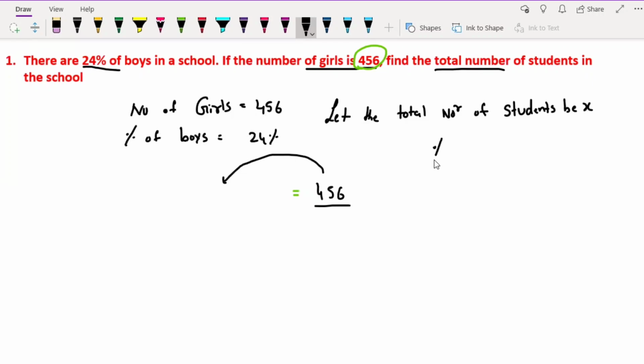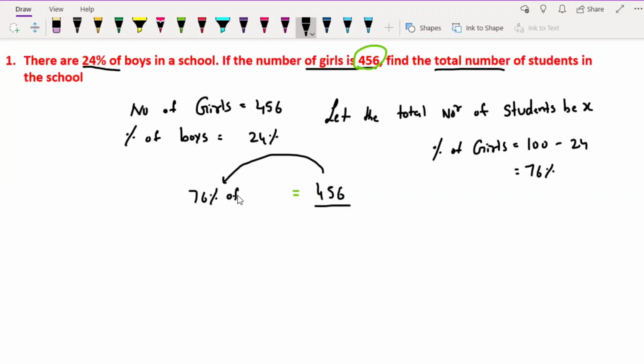To find the percentage of girls, let us see what we can do. Percentage of girls is equal to, we know total percentage is 100. So 100% minus 24% will give 76%. That is what we're going to use. So 76% of girls.